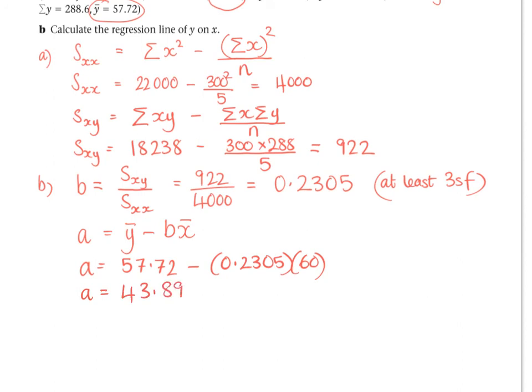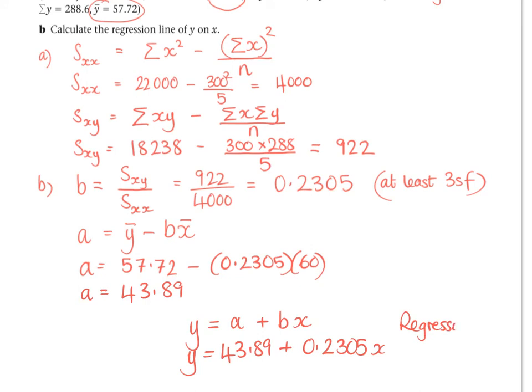So to work out our value of a, it's equal to 43.89. So instead of drawing the line of best fit by eye, we have now got a calculation of a plus bx. So y is equal to 43.89 plus 0.2305x, and that's what's called the regression line.